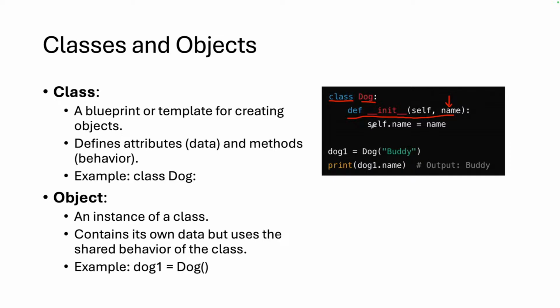Now I'll tell you what self is. Self means just the object itself, and it assigns to its attribute name the value of name. So we take in name, we pass name here, and it gets assigned to self.name.